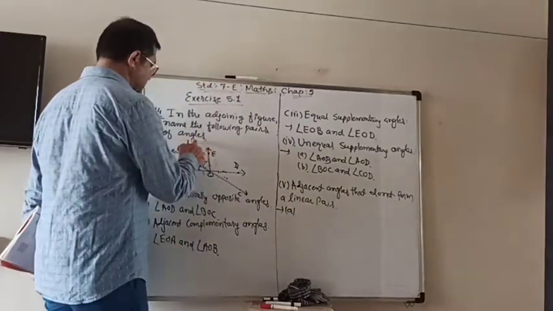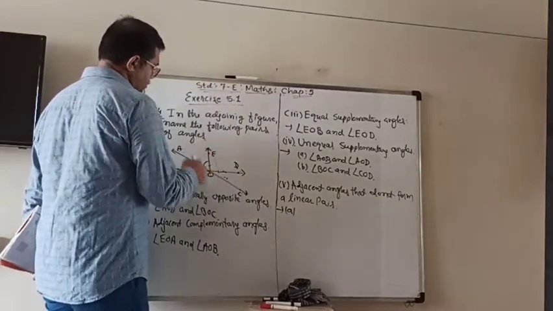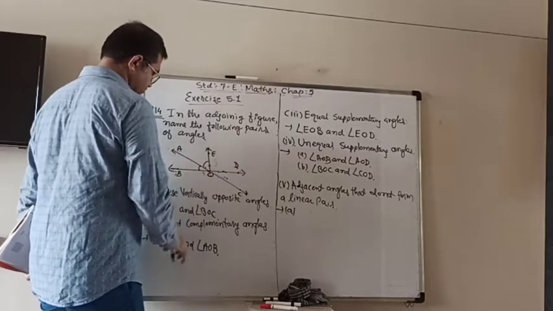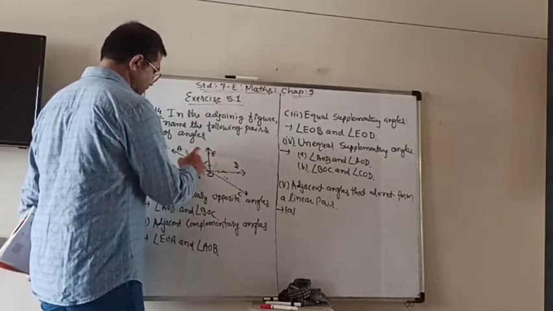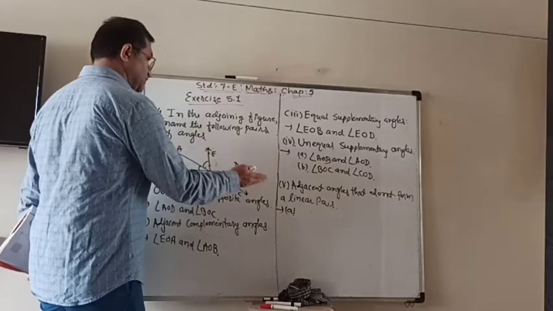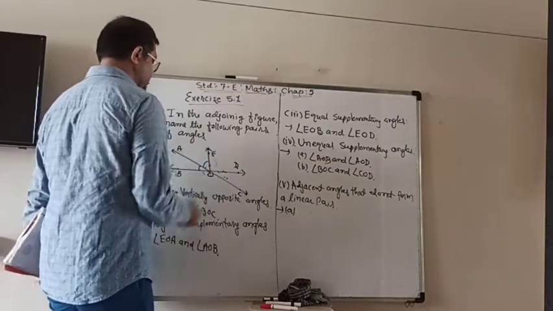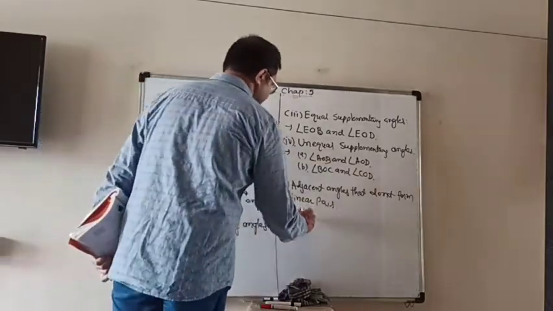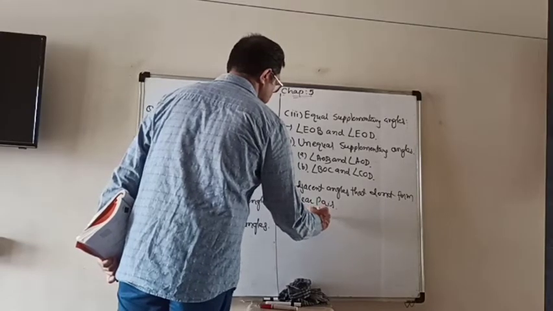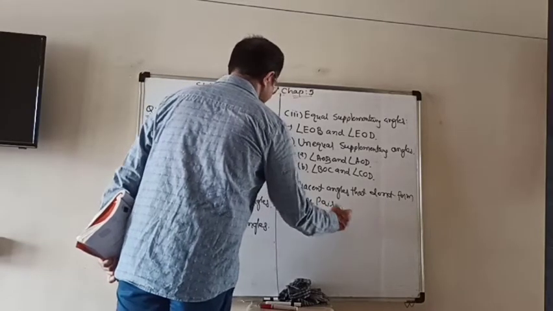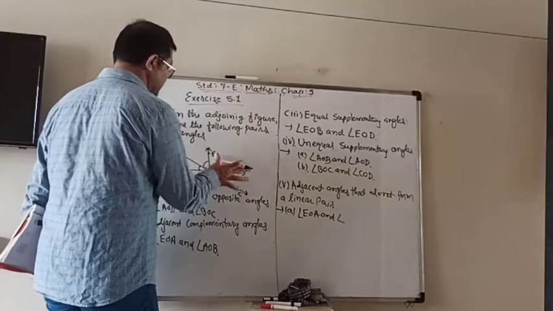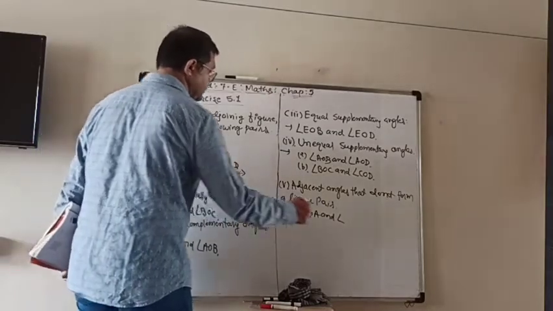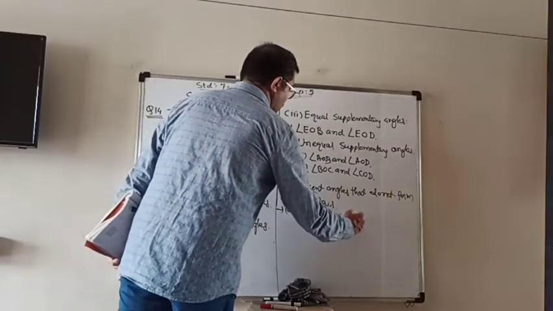First is angle EOA and AOB that we wrote down here. It is same because they are complementary also, but now they fulfill this condition also. So angle EOA and angle AOB.